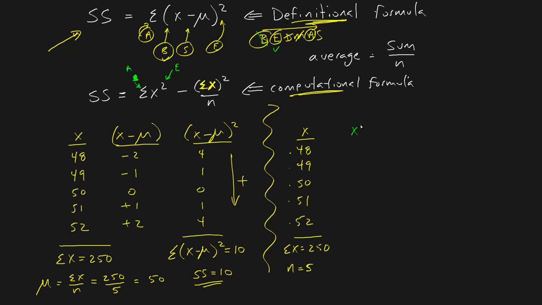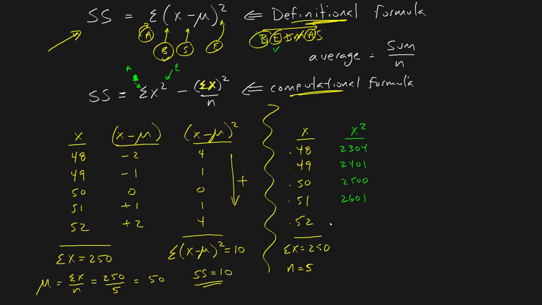So I have to square each x. So I have to do 48 squared, and then 49 squared, and then 50 squared, and so on. So 48 squared is 2,304. 49 squared is 2,401. 50 squared is 2,500. 51 squared is 2,601.